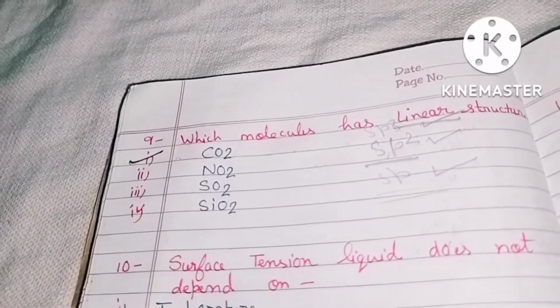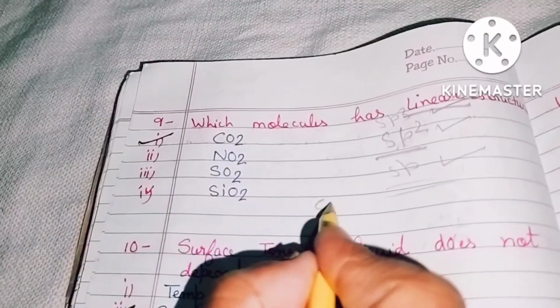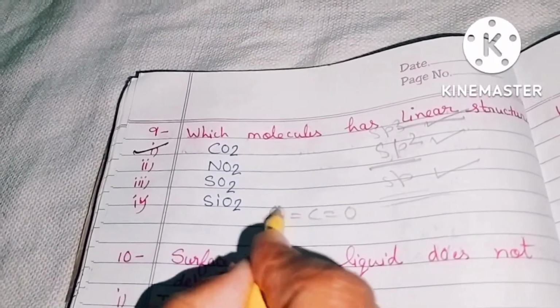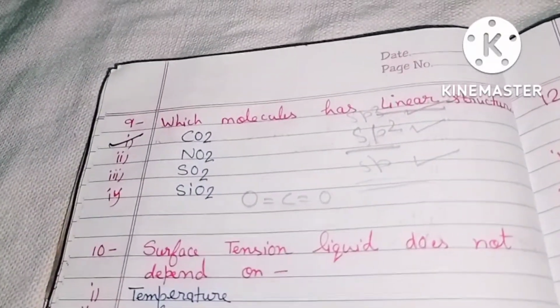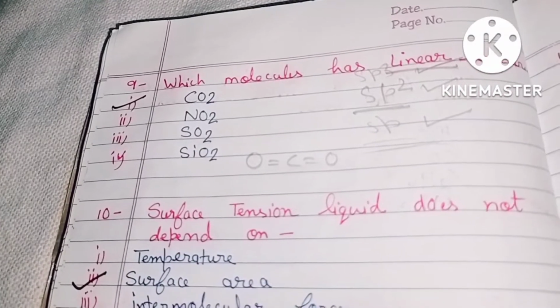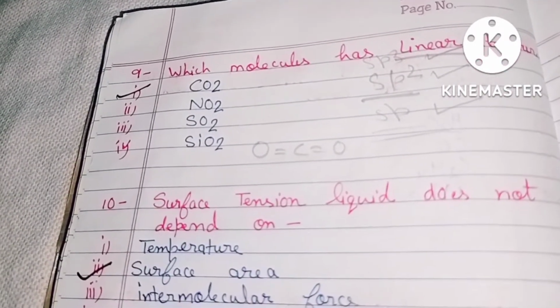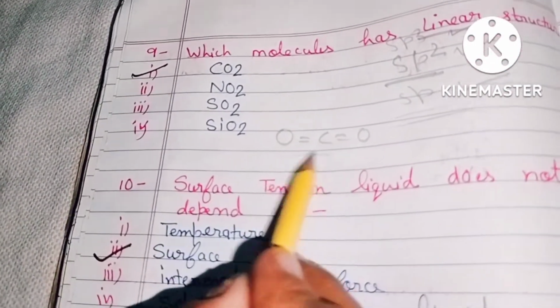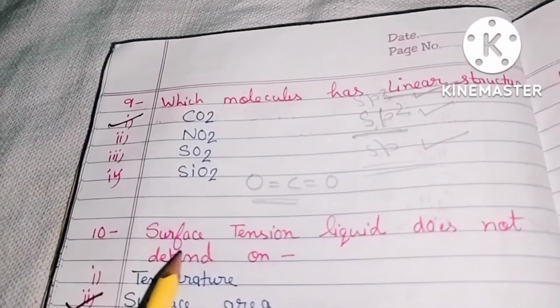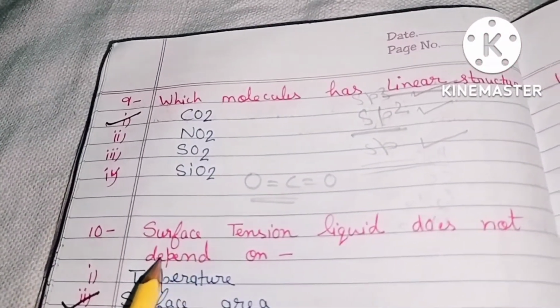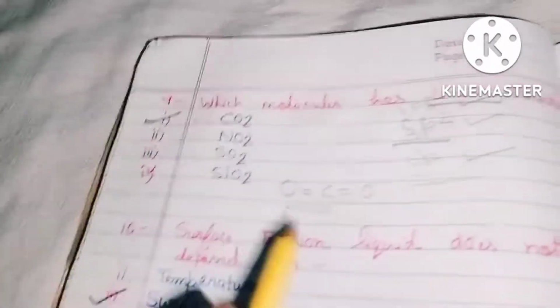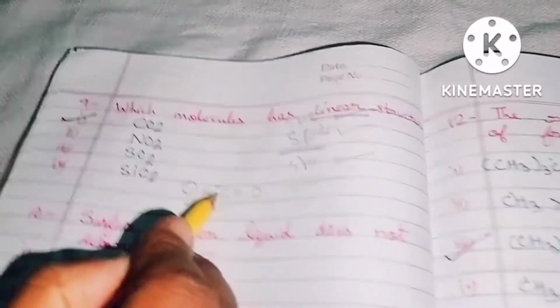In these, oxygen combines with carbon to form a linear sp structure in CO2. There are no lone pair electrons; all four electrons are shared with oxygen.